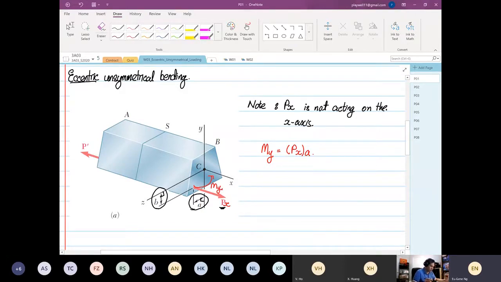And then we will have the moment about the z-axis. The moment about the z-axis is equal to Px multiplied by B. So we generate a moment in this direction.